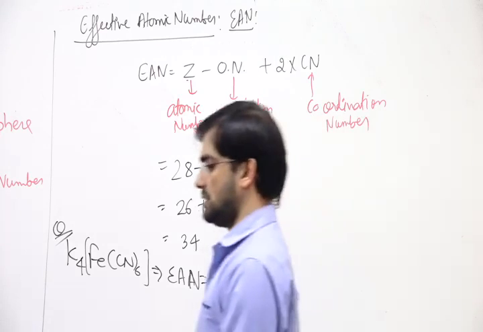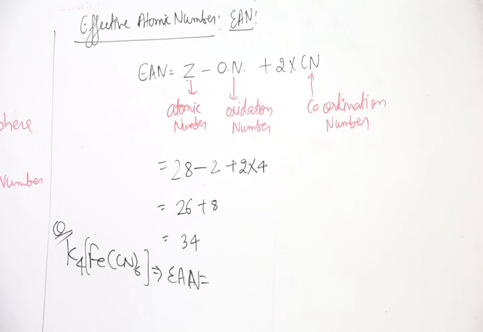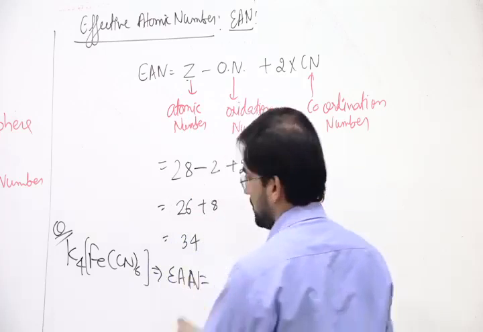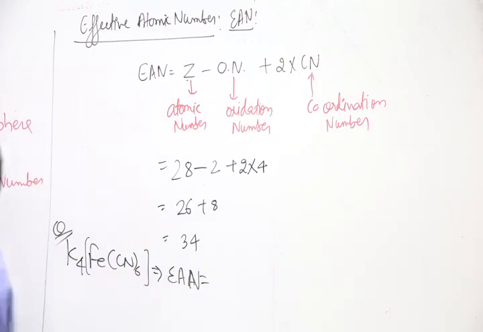How much EAN? How much is the EAN for K4Fe(CN)6?